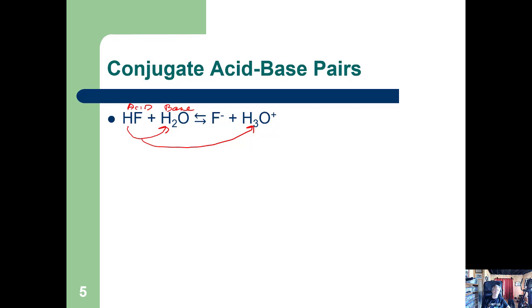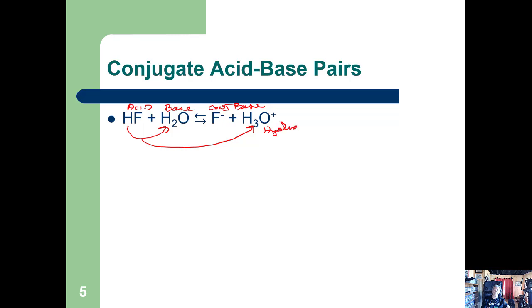Now over here on the product side, we have the anion from the acid, and the anion of the acid is what we call the conjugate base. When HF is donating a proton, it is behaving as an acid. And on the other side, on the product side, in this particular case, we have a hydronium ion.